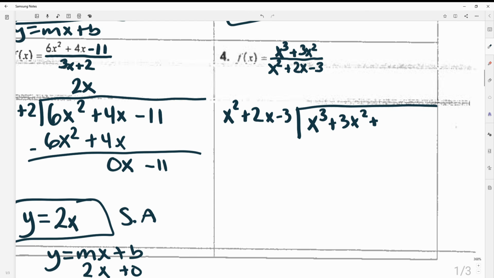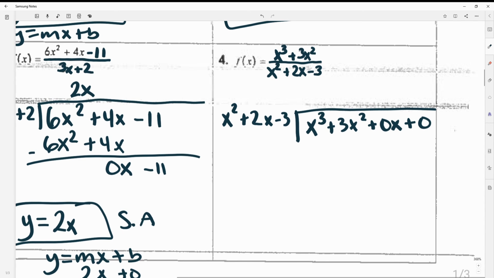Even though I don't have an x term, it'd probably be best that I include it in my numerator as 0x, because that won't affect my equation. Same thing here, I have no constant, so it might be beneficial to put plus 0. It doesn't affect my equation. Okay, so I'm going to start dividing.